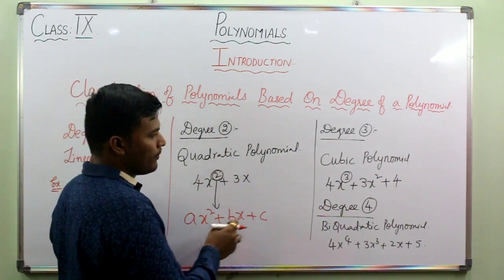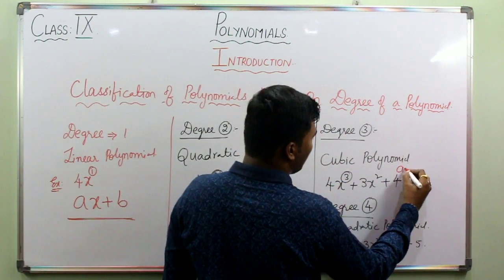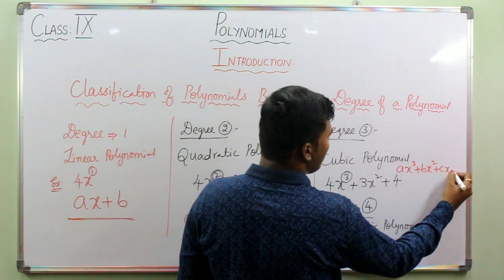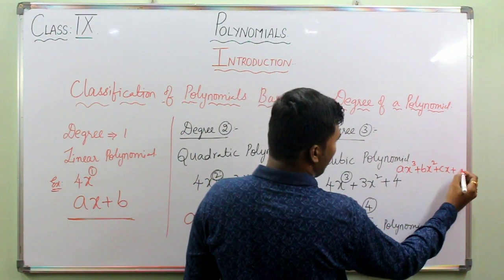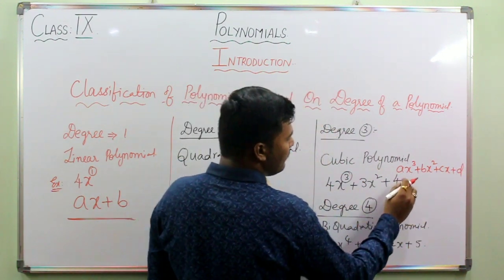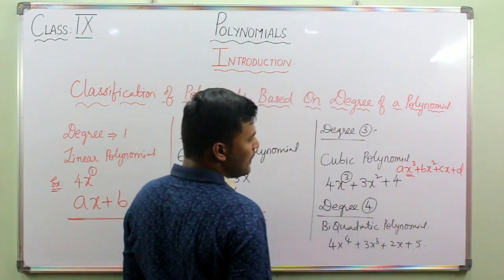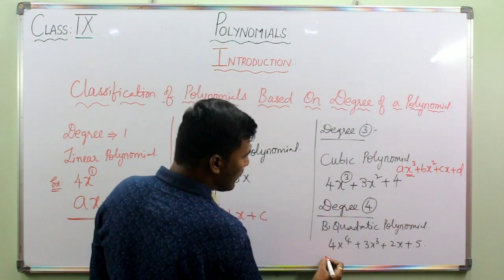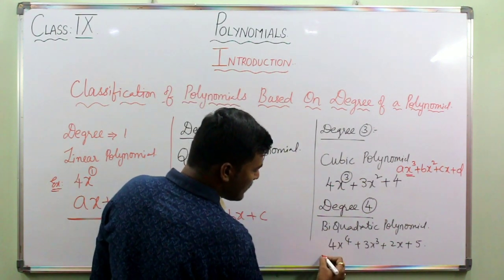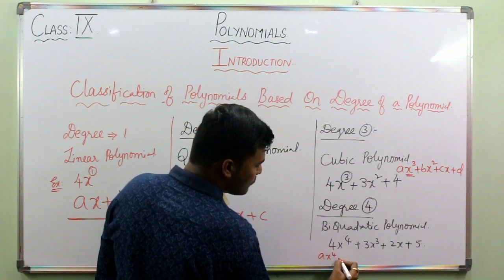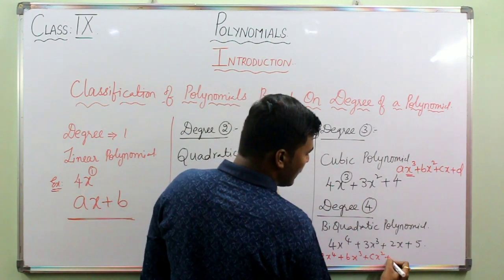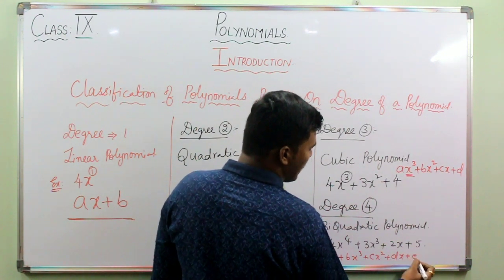For a cubic polynomial we get ax cube plus bx square plus cx plus d. Here the highest power is 3, hence it is a cubic polynomial. In the biquadratic polynomial, the form is ax to the power of 4 plus bx cube plus cx square plus dx plus e.